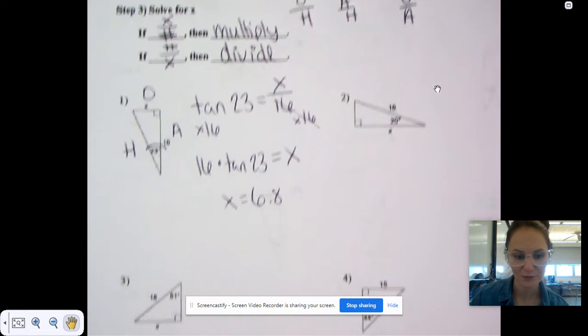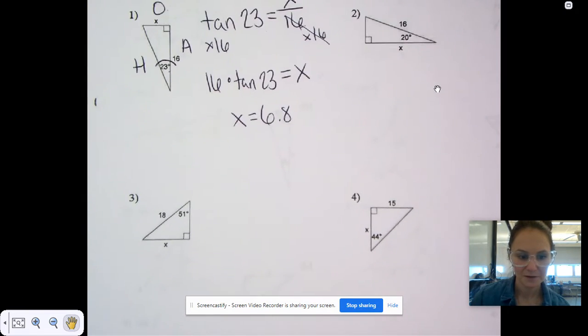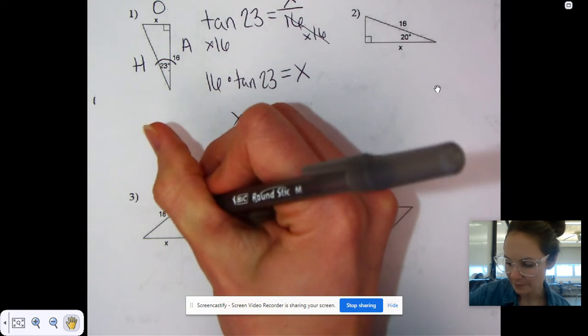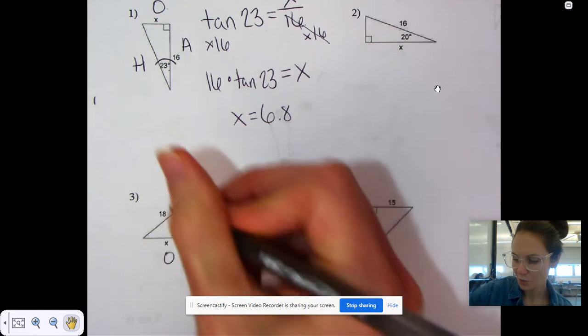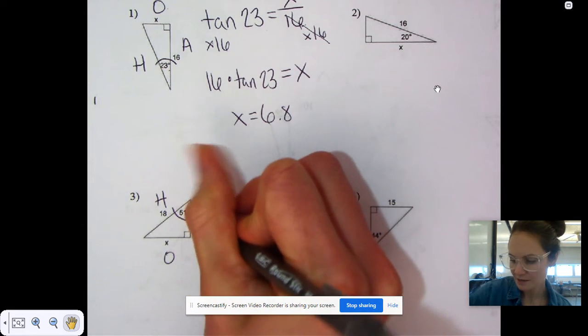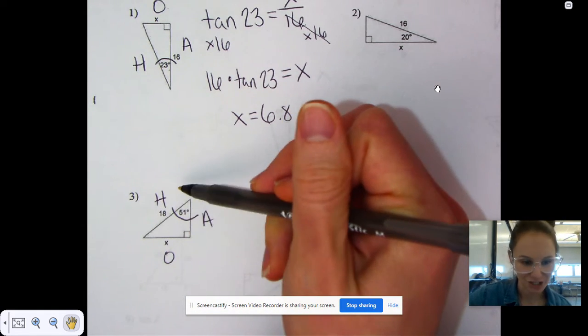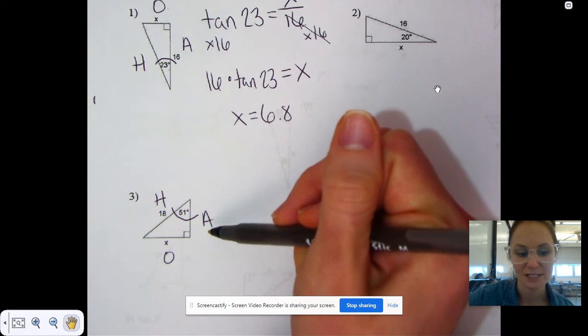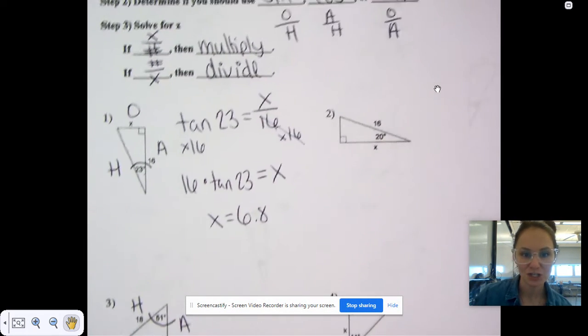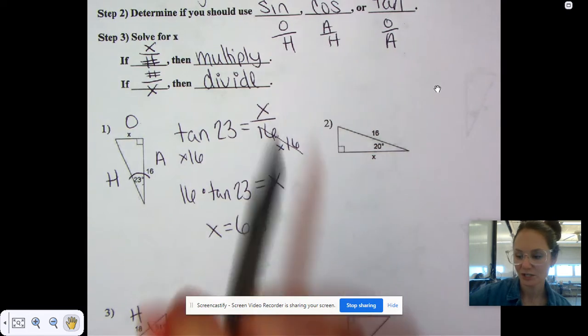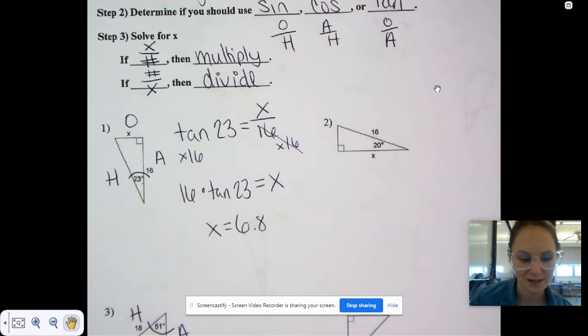I'm going to jump down to 3. Here's my angle. I'm marking it. O, here's my H and A. I have O and H this time, nothing on my adjacent side. So I'm looking up here at my functions, which one uses O and H. I notice that's sine.